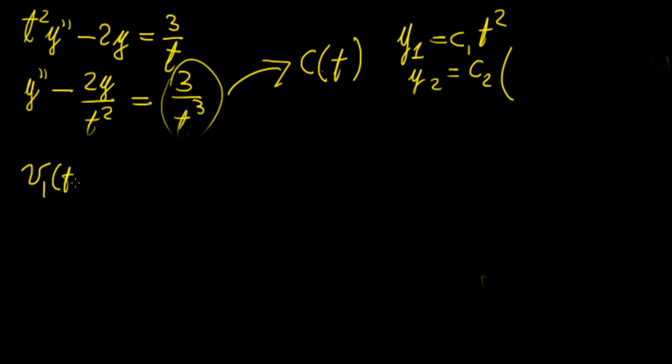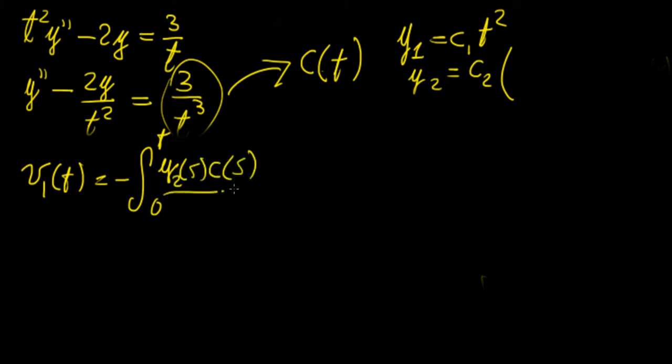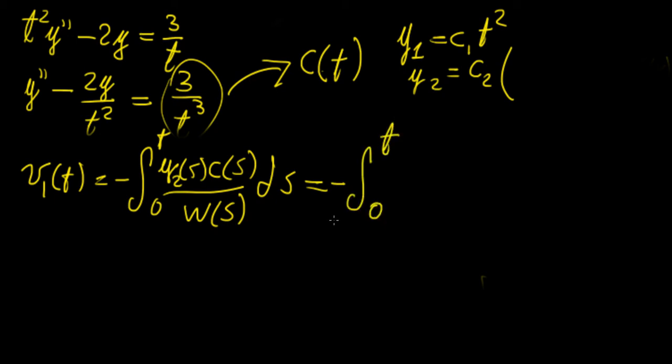v1 of t is going to be equal to minus the integral from 0 to t of y2(s) c(s) over W(s) ds. y2 is the following, so we're going to have minus the integral from 0 to t, and now we have y2, so that will be 1 over t times 3 over t cubed.